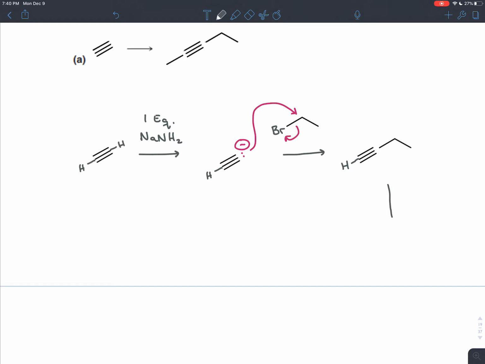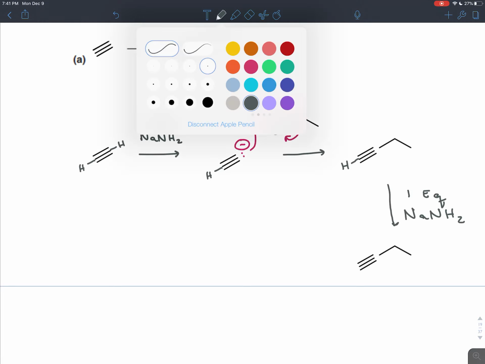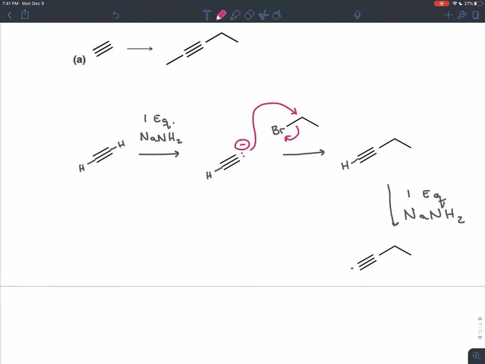So we can add one equivalent of sodium amide, and that strong base will rip this hydrogen off. The electrons will snap back onto the carbon, and we'll have this molecule here. And then we just have to look at the carbon that we want to add.